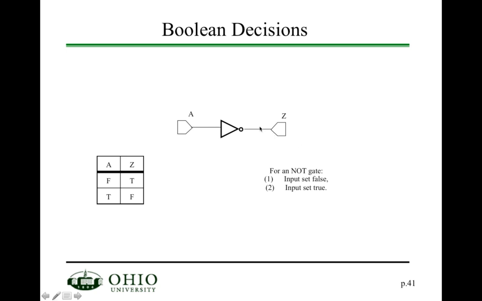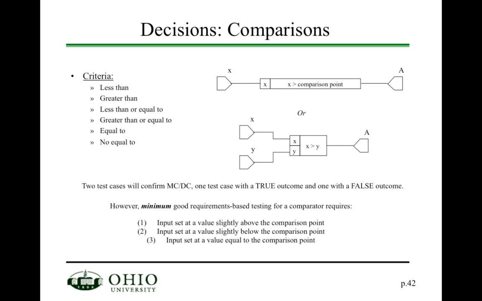In case of a NOT gate, you set a true, a false. So it's more or less the same as extensively testing this one. Okay, so if you have decisions, like comparisons, in this case you have one condition. You're going to say A is larger than a particular value.